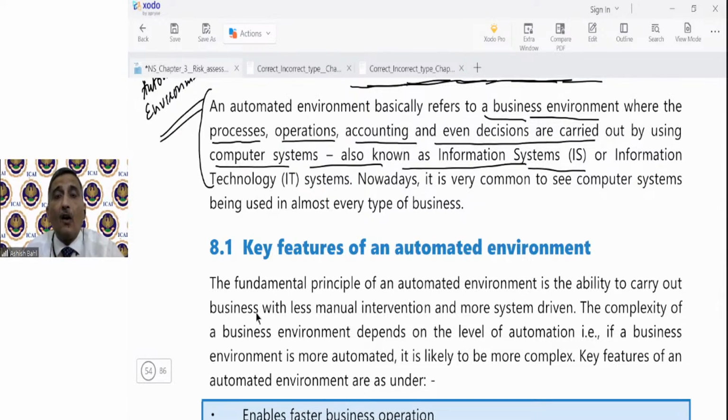So the error or any misstatement resulting from it can become pervasive. It can affect many elements of financial statements. That is why we say that the more a business environment is automated, the more complex it is to audit. It becomes more complex from an auditor's point of view.